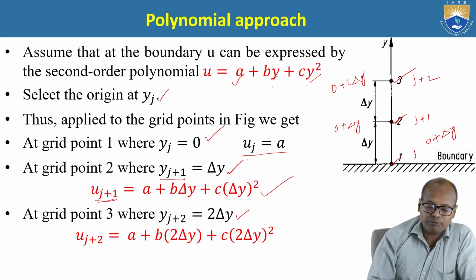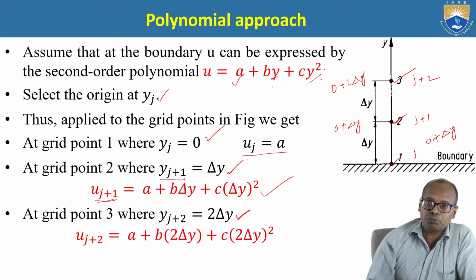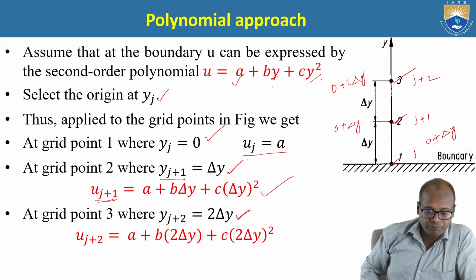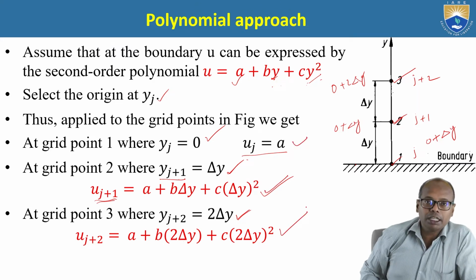If I substitute 2 delta y in this equation, I will get uj plus 2. In place of y we put 2 delta y, and in place of y square we put 2 delta y whole square. If I substitute like that, we will get three equations: this is equation 1, this is equation 2, this is equation 3.